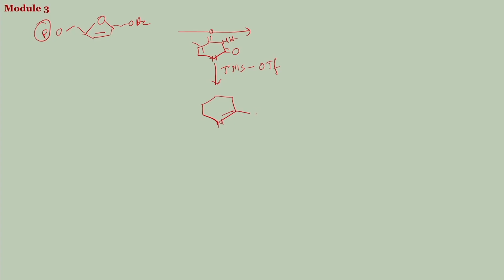This will give you the enolate, OSiMe3, N, OSiMe3, and this basically increases the nucleophilicity here. How? You have the OTf minus that was released here.